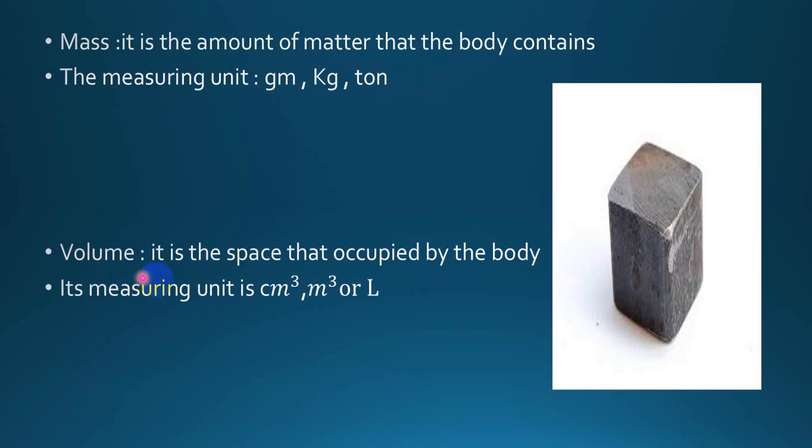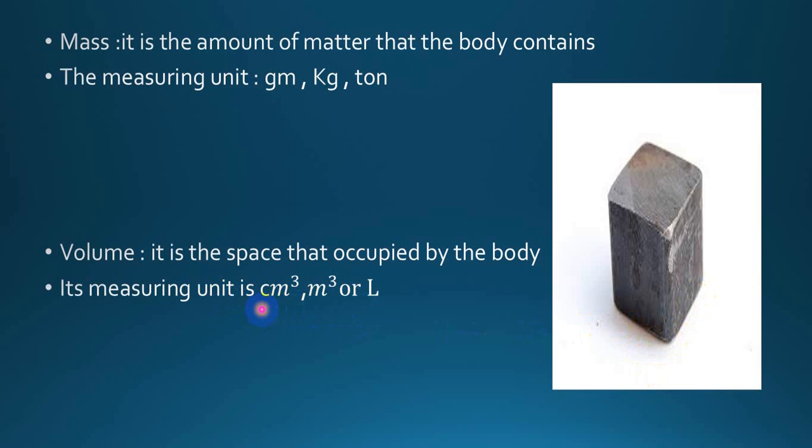It has a volume, and we knew in grade 4 we can calculate the volume of this cube by multiplying height, length, and width. The measuring unit of volume is centimeter cube, meter cube, or liter.